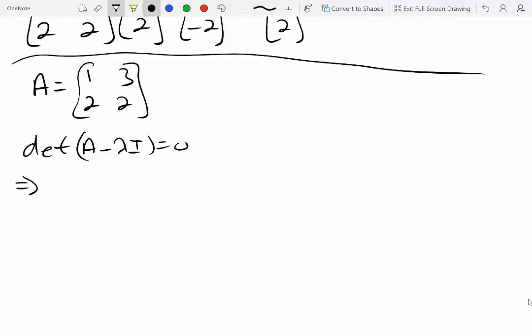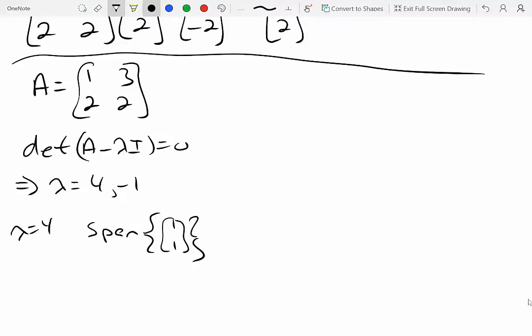And what we found was that the roots of that polynomial were 4 and negative 1. Then I looked at lambda equal to 4 and found that the solutions were the span of 1, 1. And then we looked at lambda equal to negative 1 and found that the solutions were the span of negative 3 over 2, 1.